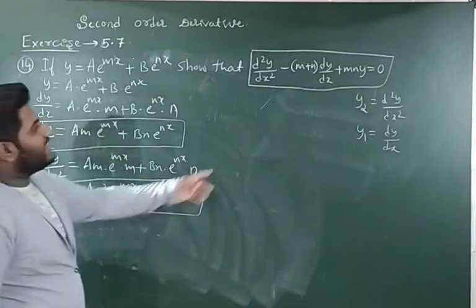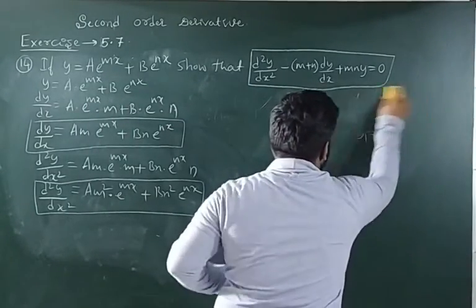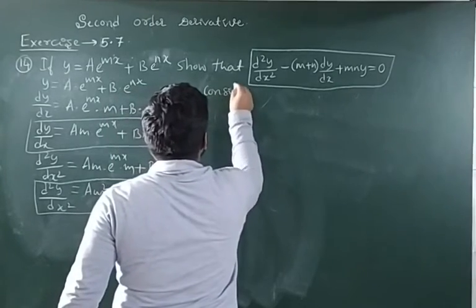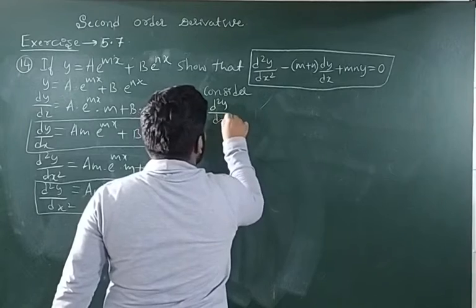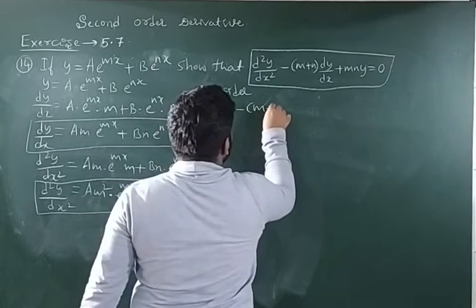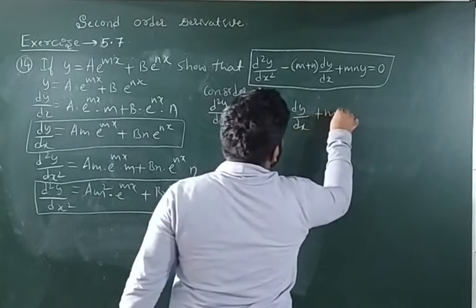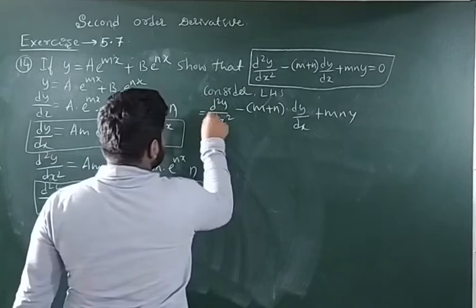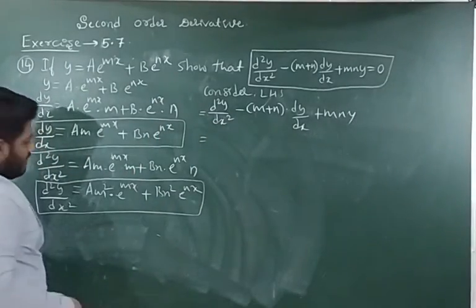So consider LHS of this equation, then prove now. What is LHS? d square y by dx square minus (m plus n) into dy by dx plus mny. Put the value of d square y by dx square.